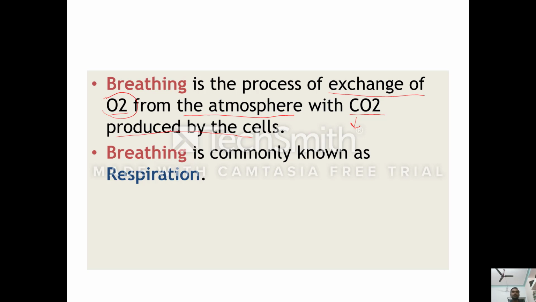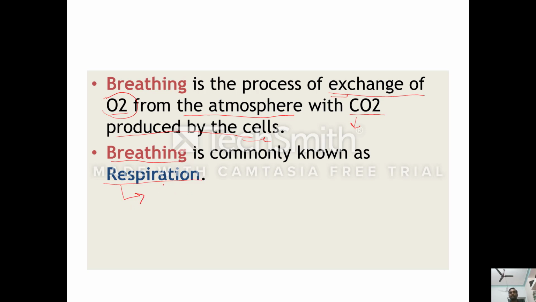So the definition of breathing is the process of exchange of oxygen from the atmosphere with the carbon dioxide which is produced in the cell during the process of oxidation.